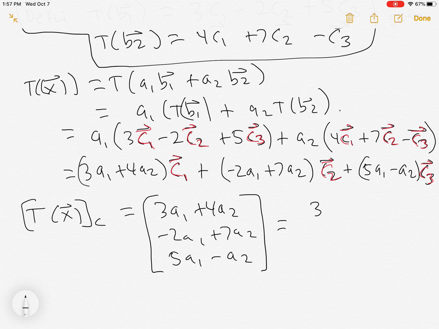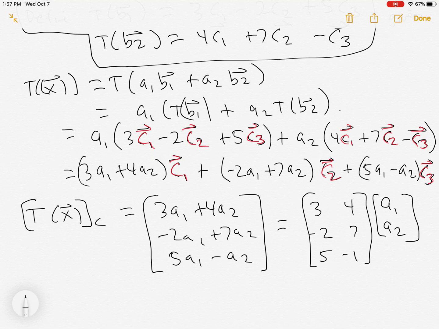If we pluck off the coefficients and then multiply by the vector a1, a2, this is a true equality.